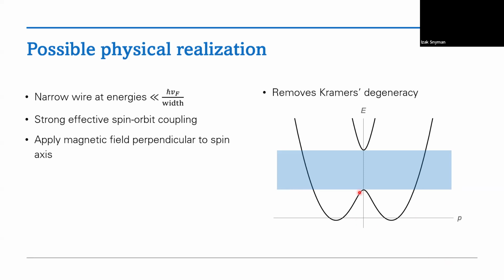And this lifts the degeneracy of this crossing at zero momentum. But since there are no crossings at large momentums, you don't lift anything there.